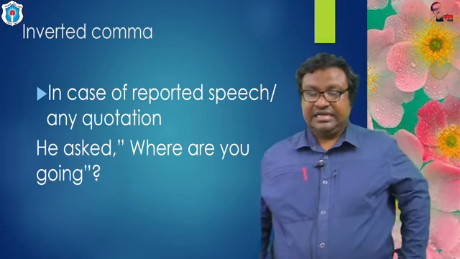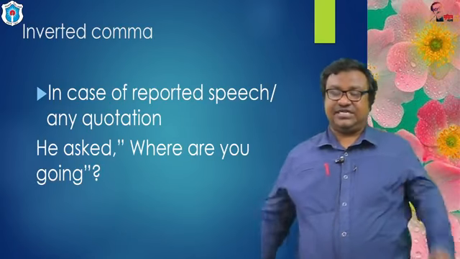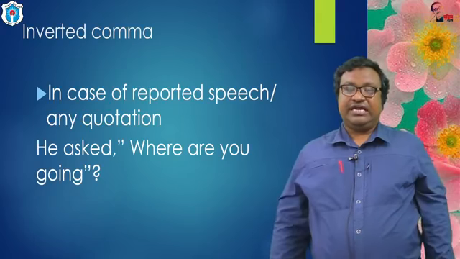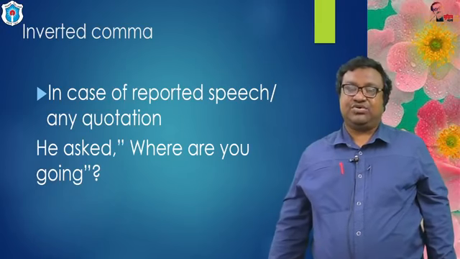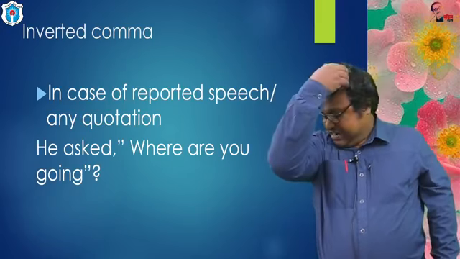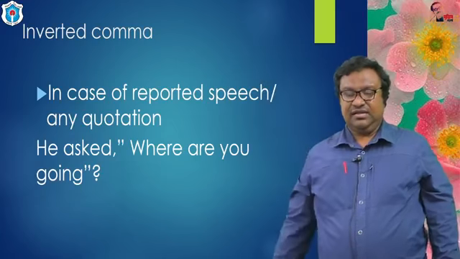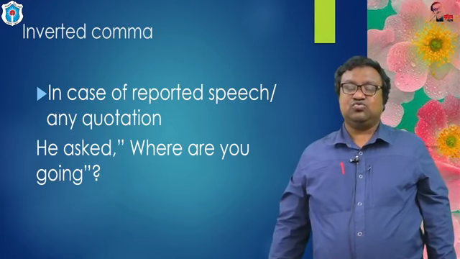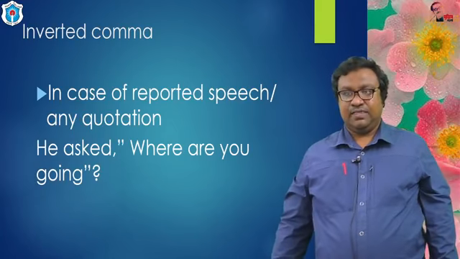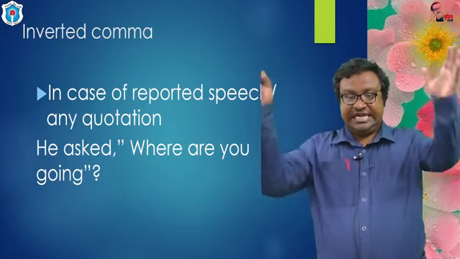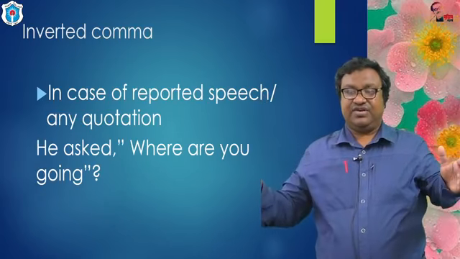And in the case of any quotation, for example, when we are quoting John Keats, "Heard melodies are sweet, but those unheard are sweeter." So this is a direct quotation and we put inverted commas here.